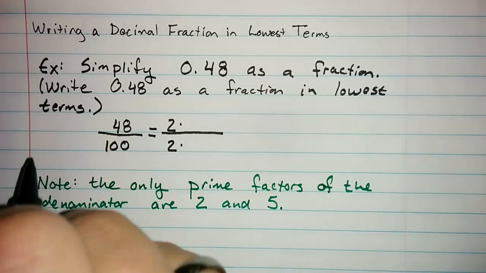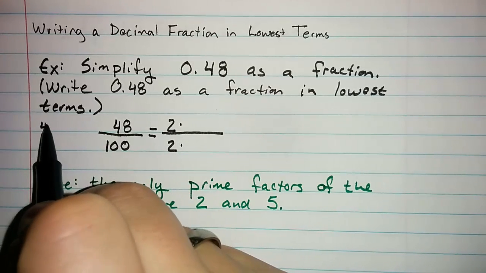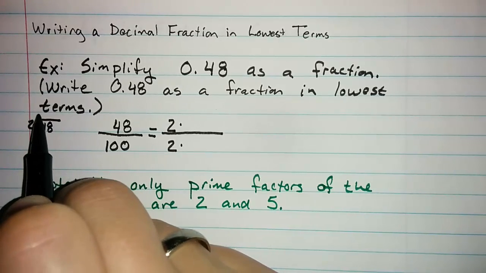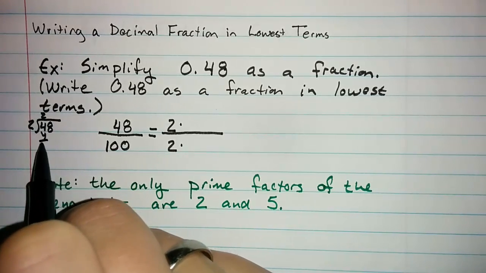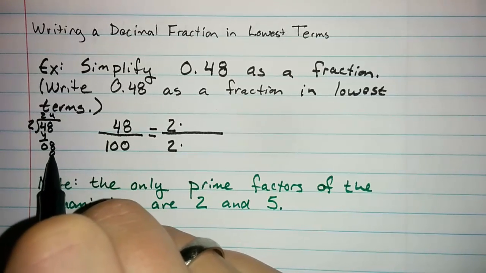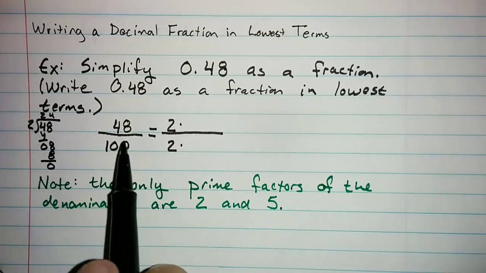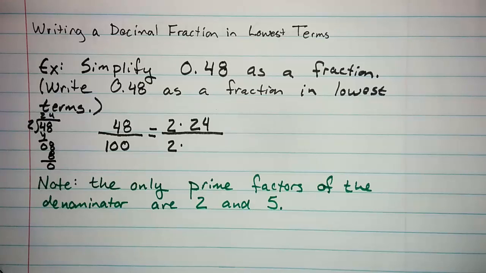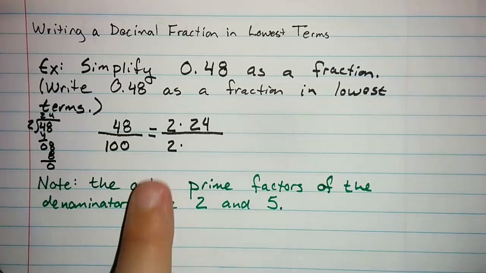For 48, we can write out the division. 2 goes into 4 twice. 2 goes into 8 4 times. So 48 is 2 times 24. What about 100?